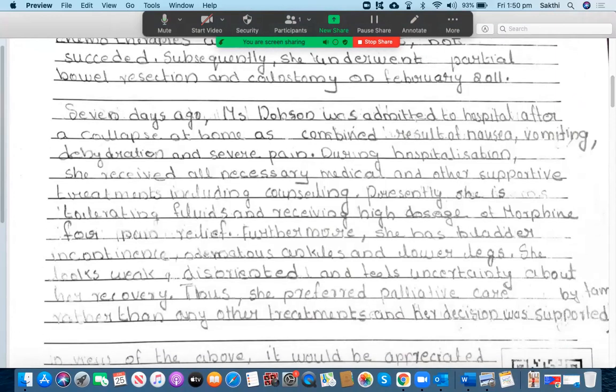7 days ago, Miss Dobson was admitted to hospital after the collapse at home, as combined result of nausea, vomiting, dehydration, and severe pain.